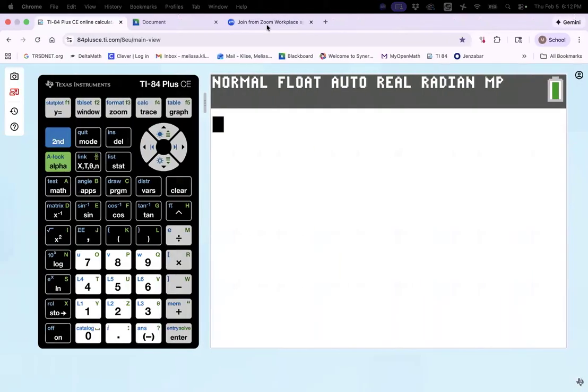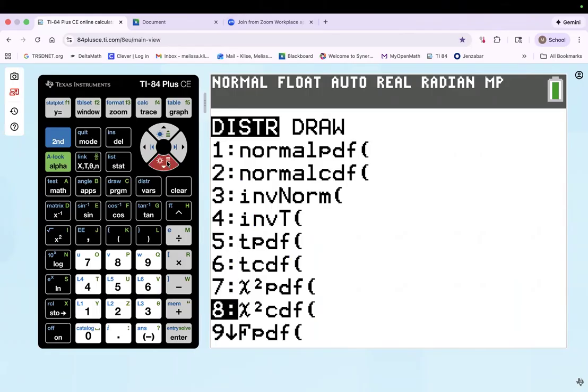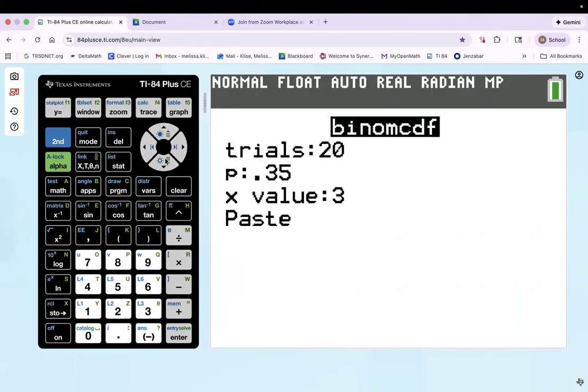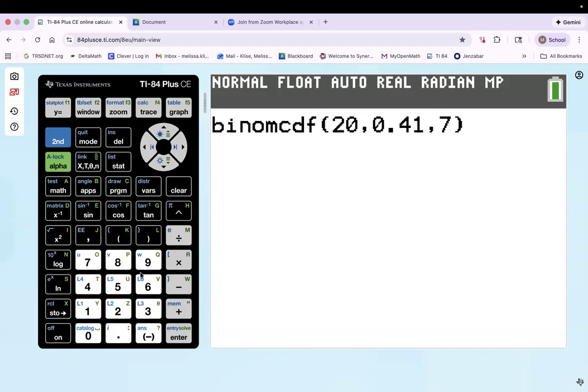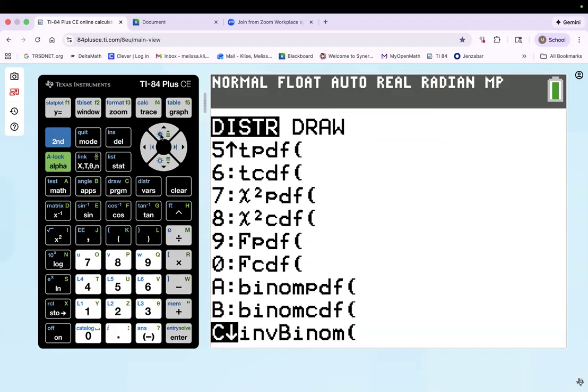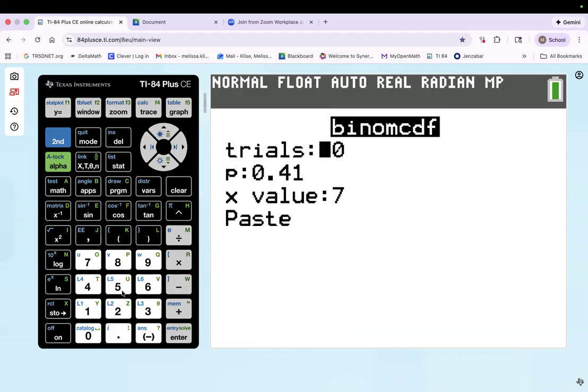All right. So I'm going to go binomCDF, once again, 20 trials, 0.41. We're going to do 7. Okay, enter. Now I'm just going to put a subtraction right there and go back in. And I'm going to do 20, but I want to do 4 because I'm subtracting off 4 or fewer.